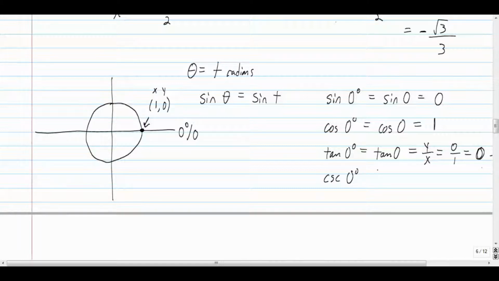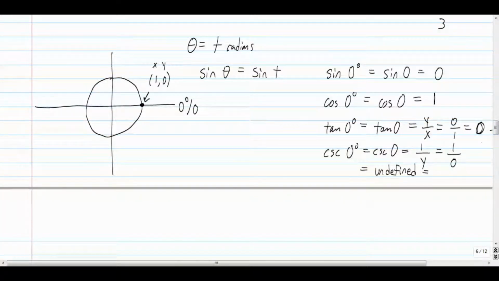Alright, cosecant of 0 degrees. That's the same thing as the cosecant of 0 radians. That's 1 divided by y. So that's 1 divided by 0. So that's undefined. That's right. You could also just write a 0 with a slash through it like that. That means undefined. Alright, let's see what the secant of 0 degrees, or the secant of 0 radians is equal to.